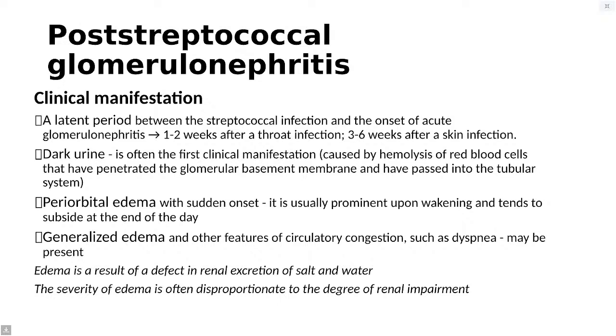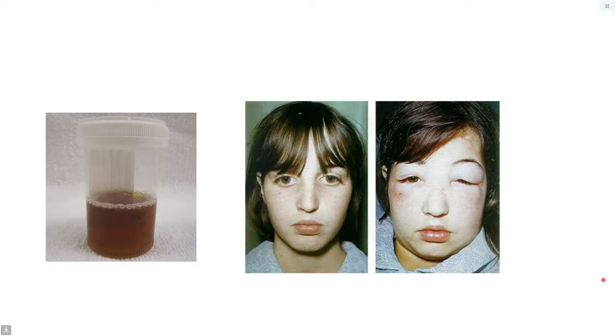And for me, it's very important that edema is a result of a defect in renal excretion of salt and water. The severity of edema is often disproportionate to the degree of renal impairment. Very typical for this glomerulonephritis. This is dark urine. This is edema. This is the same child.